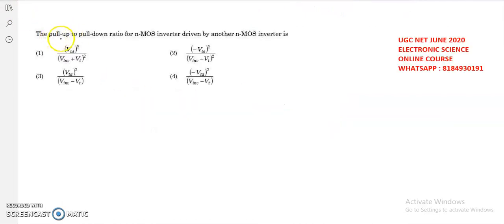And coming to the next question, the pull up to pull down ratio for an NMOS inverter driven by another NMOS inverter. Generally the pull up ratio can be given as LPU by WPU, that means the length by width ratio, given as pull up to pull down. So here we are going to see this one.